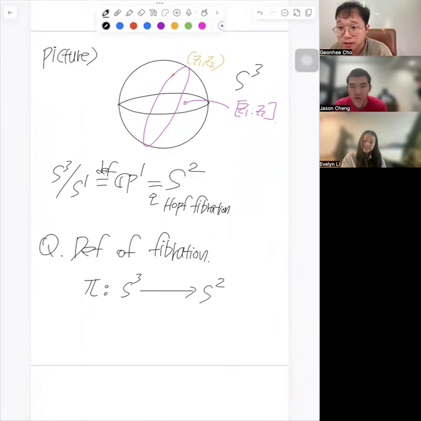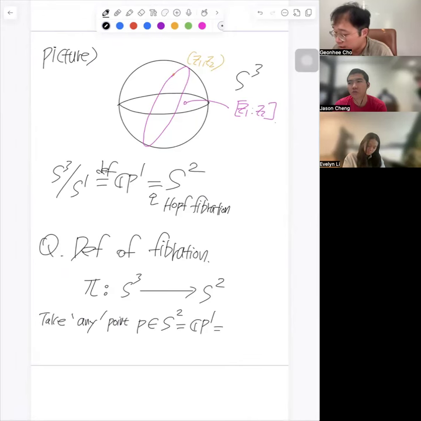S3 to S2. So the fibration means: take any point p from S2. Let me make sure you can identify S2 as CP1. That's fine. You can identify this as S3 quotient out by S1. Either case would be okay. You choose an arbitrary point from the codomain. Is it okay with you? From the codomain.